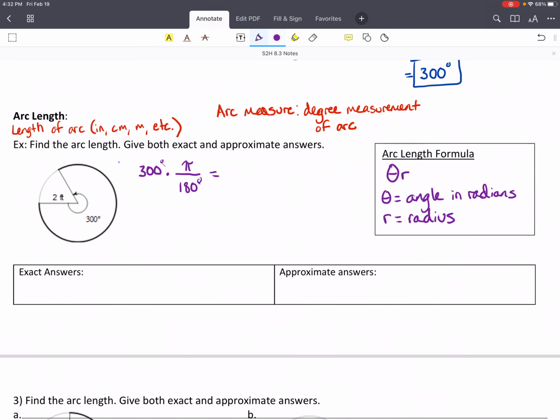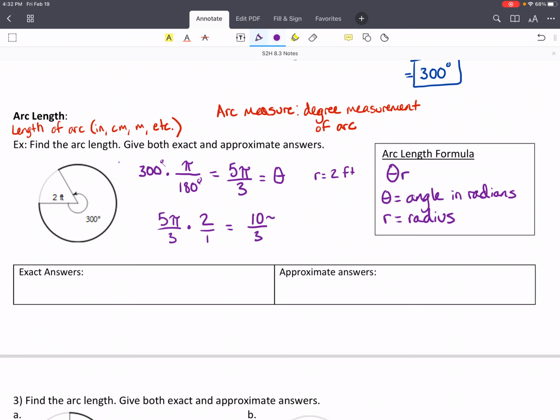I guess we just did that. It's fine. So that is theta, and since my radius is 2 feet, I'm just going to go 5 pi over 3 times 2. I get 10 pi over 3 feet.